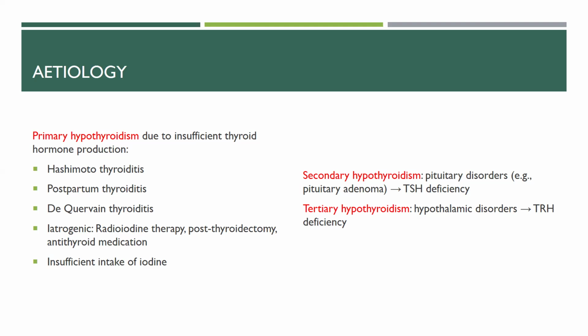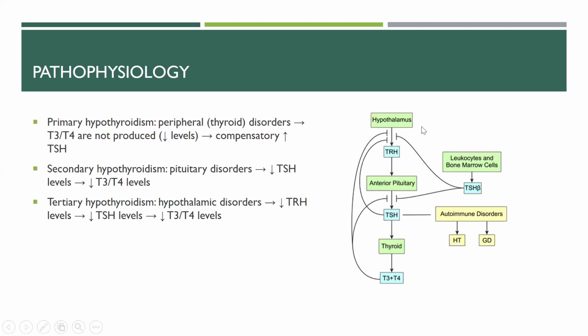TRH is released by the hypothalamus to stimulate the release of thyroid stimulating hormone from the anterior lobe of the pituitary gland, which then activates the thyroid gland to release the hormones T3 and T4. That's just the chain of how it goes. You'll see it in the next slide.